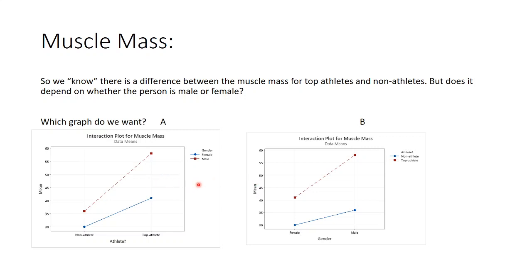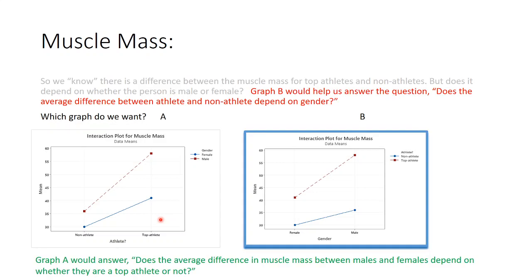So which graph do we want? We know there's a difference between the muscle mass for top athletes and non-athletes, but does it depend on whether the person is male or female? You should stop your video and determine whether it's A or B. If you do that, then graph B would help us answer, does the average difference between non-athlete and athlete depend on gender?